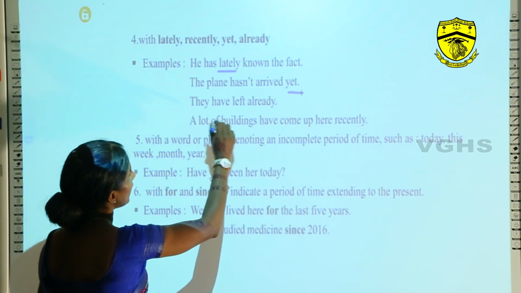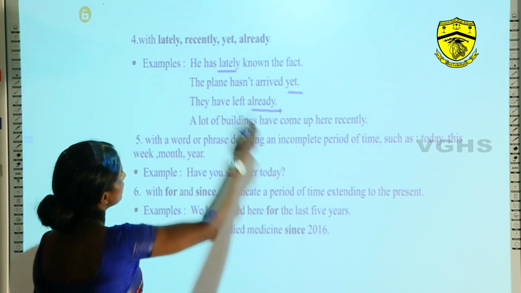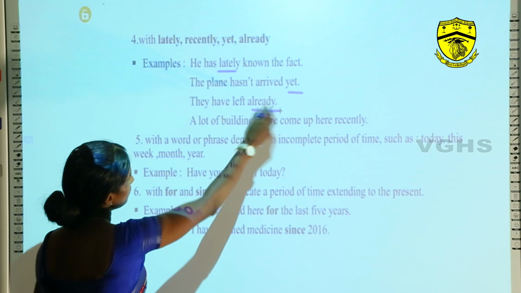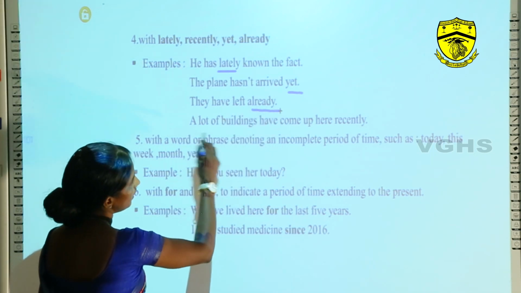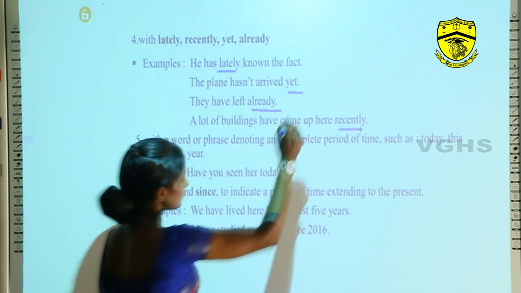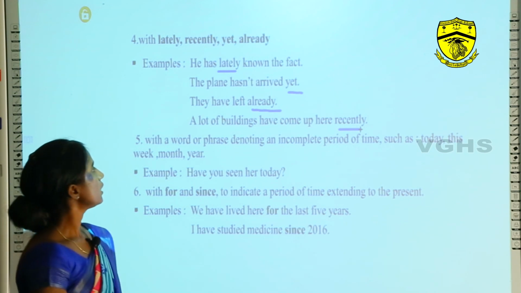And the next one, they have left already. Here already is an adverb and we are using the present perfect tense with already. And the last one, a lot of buildings have come up here recently. Here we use the present perfect tense with recently.